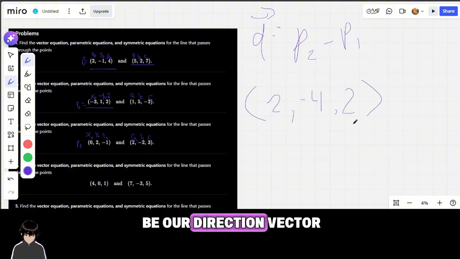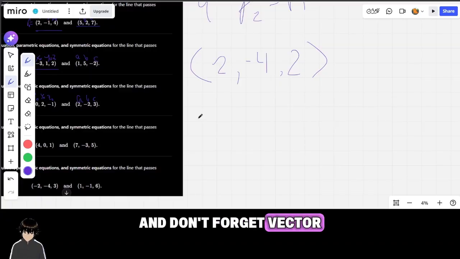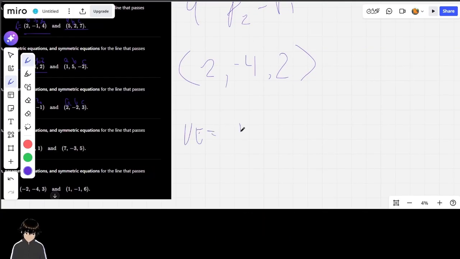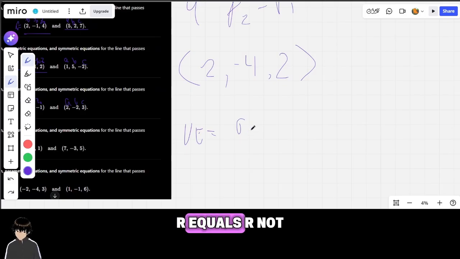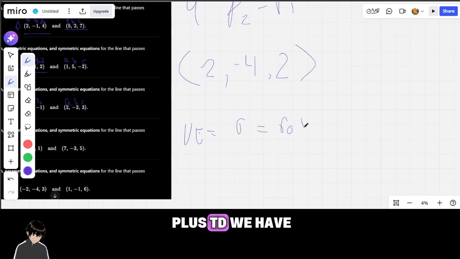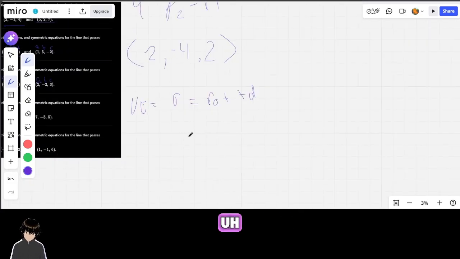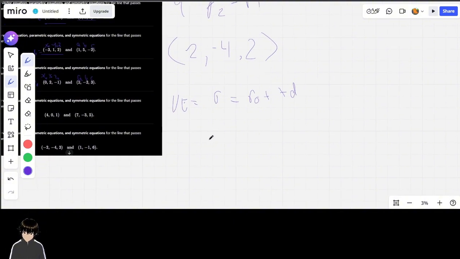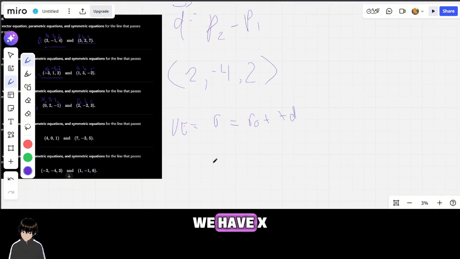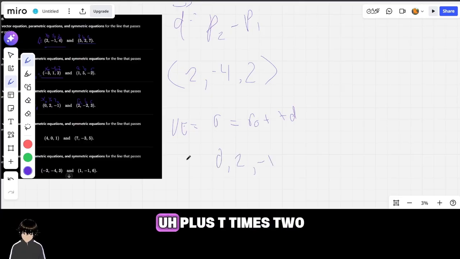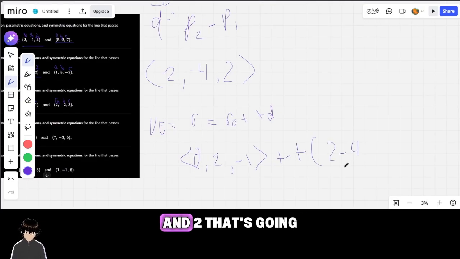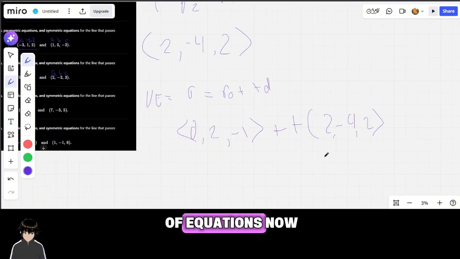That's going to be our direction vector. And in order to get the vector equation, we use r equals r naught plus t d. So we have 0, 2, negative 1, plus t times 2, negative 4, and 2. That's going to be our vector equation.